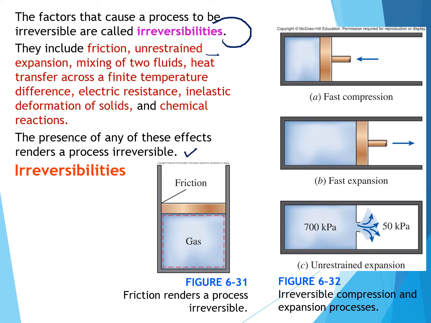For example, consider a piston cylinder here, where the gas is your system and outside the system is your surrounding. Consider this as state 1.